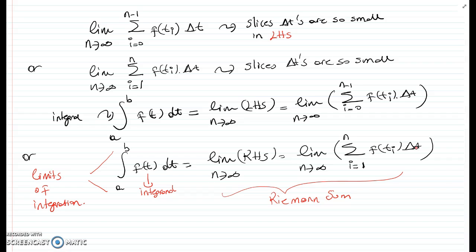The limits on the sum are 0 to n minus 1, or 1 to n for the right-hand sum, whereas for the integral we have the limits from a to b.